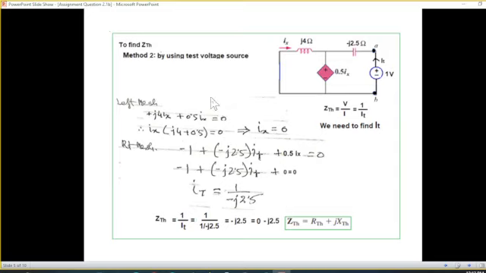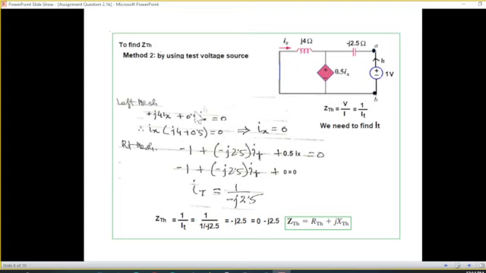But some students might ask, why not use the test voltage source? So for them, I have just done this here. Using the test voltage source also, we can find the same answer. From here, our equation will be V over I. Now V is 1 volt, so we need to find I T to get Z Thevenin.